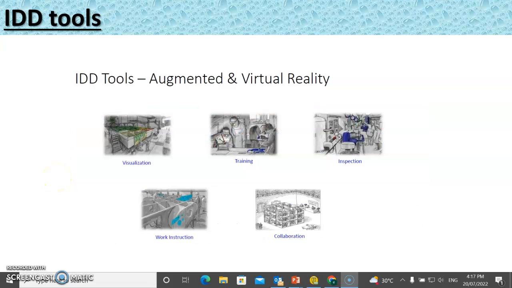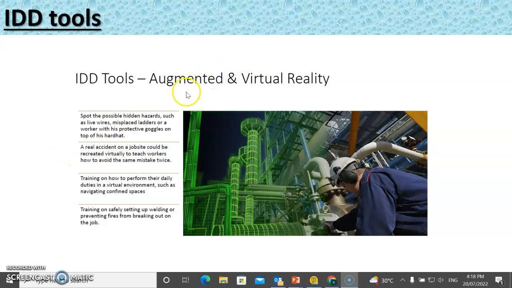So all these mixed reality tools can be used for visualization, training, inspection, collaboration, or work instructions. You can use mixed reality to spot hidden hazards, such as live wire, misplaced ladders, or workers with their protective goggles on the top of their hard hat.